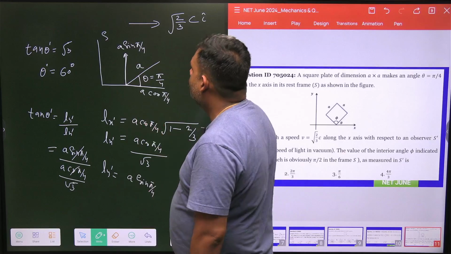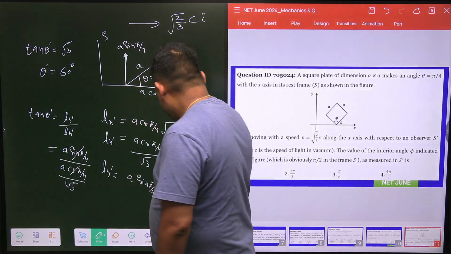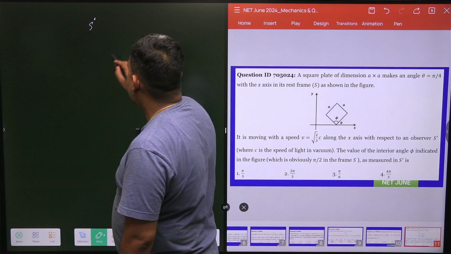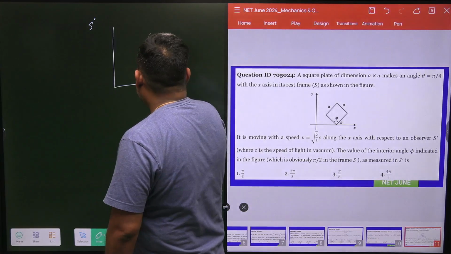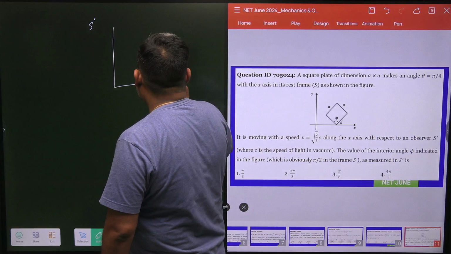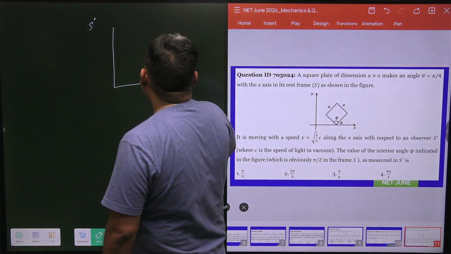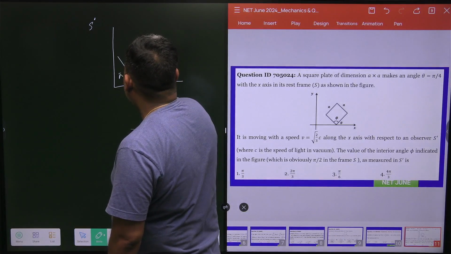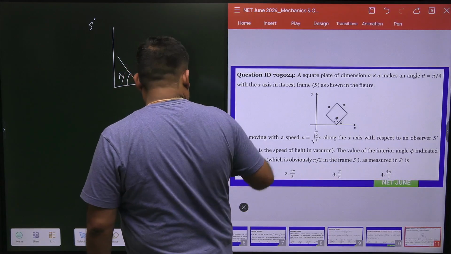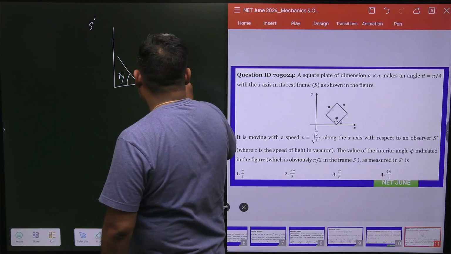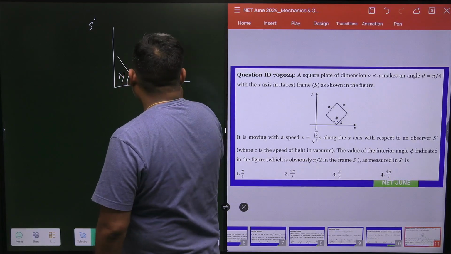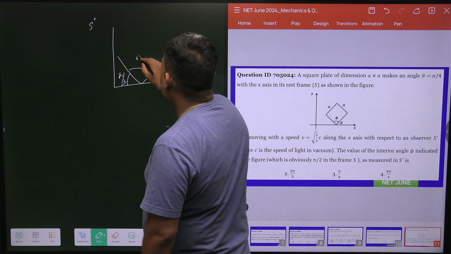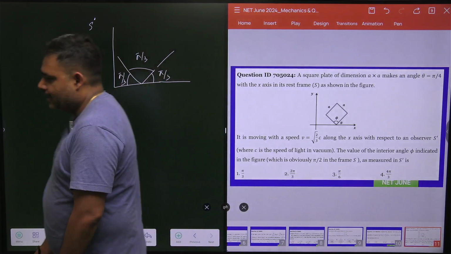Now let us try to go for the geometry. When we are going for the geometry part, what is visible from the S dash frame? So now this angle appears to be, sorry, this is pi by 3, 60 degrees means pi by 3. So this angle is pi by 3, this angle is pi by 3, this angle is also pi by 3, so you can get this phi.